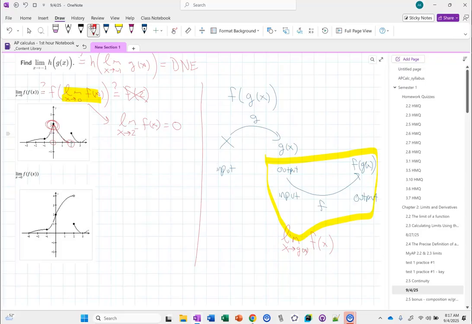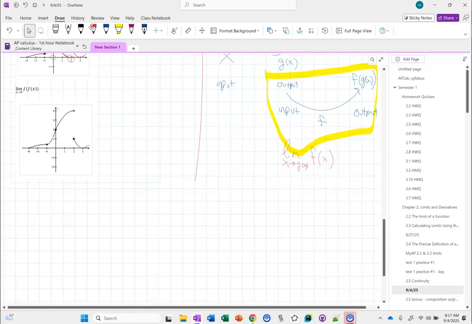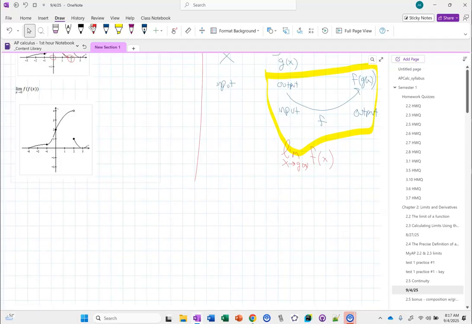Let's do another. Yeah, Lucas? So let's look at this example. We're doing the same thing, right? This is your question. Again, we think, okay, do this.